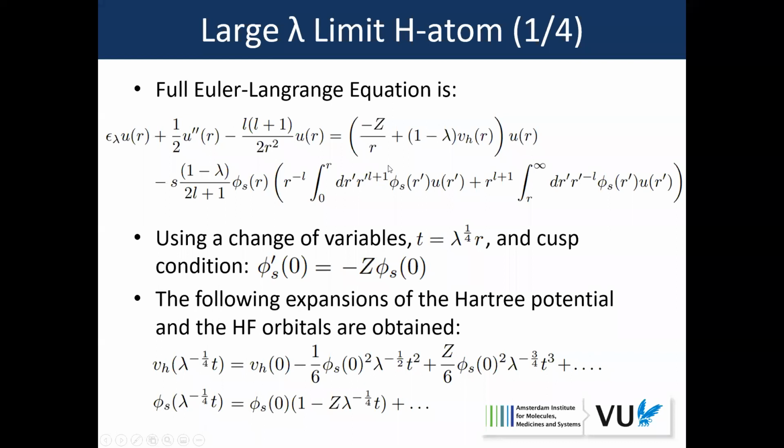This will give us a new term with the power lambda 3/4, which doesn't exist in the expansion of the DFT adiabatic connection. However, that's maybe a few slides further, so we will not mention it until later.